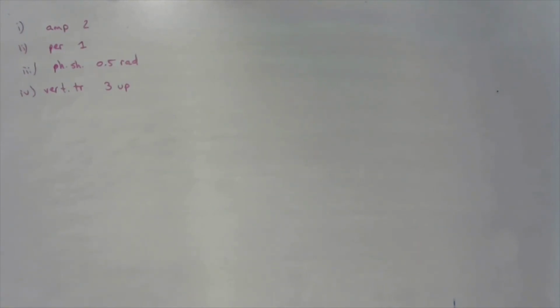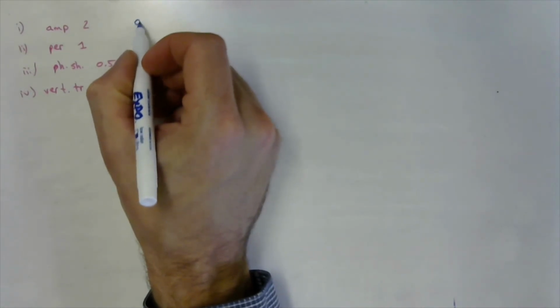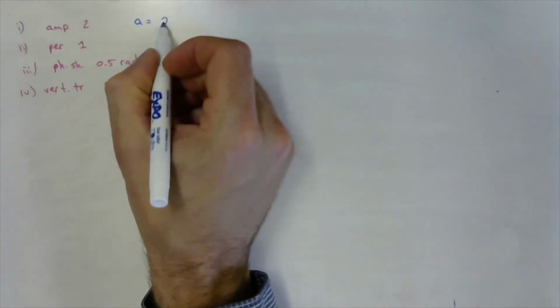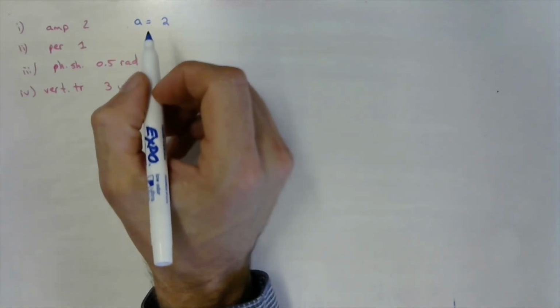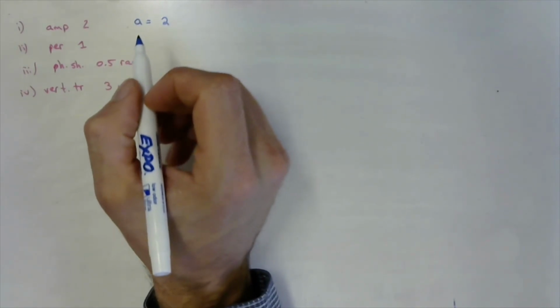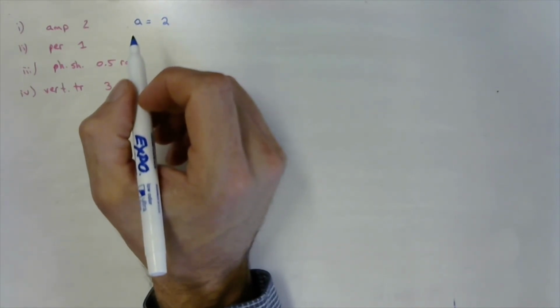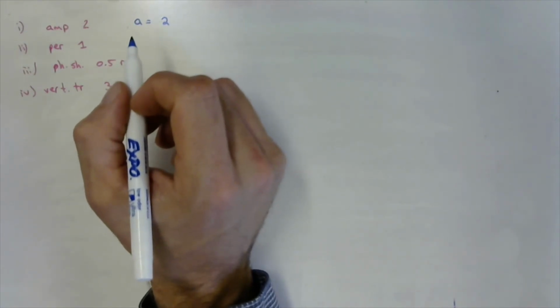Okay, so we go through that. We get our a, k, d, and c. Amplitude's easy. It's 2. For a period, we can put 2 pi, and then it'd just be 2 pi over 2 pi. And that'd give us a period of 1. Do you guys have a little note there?